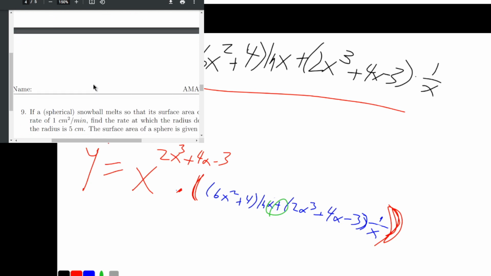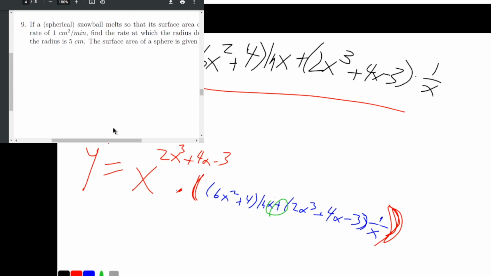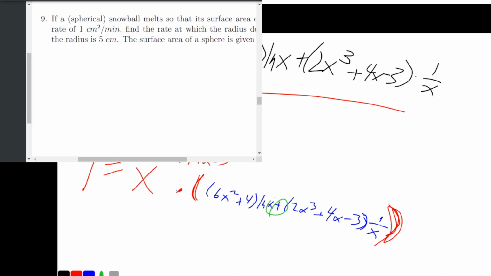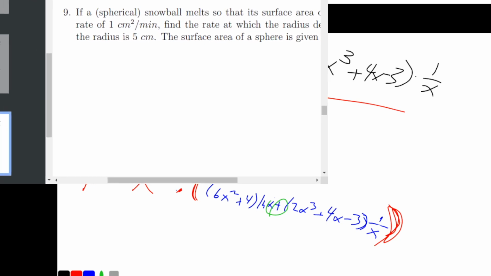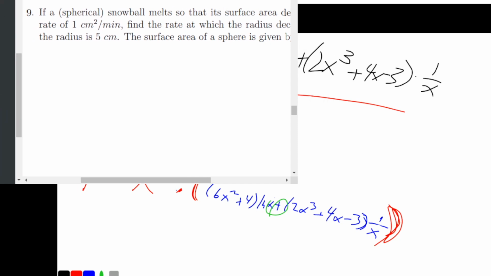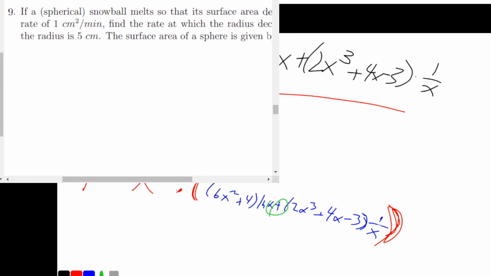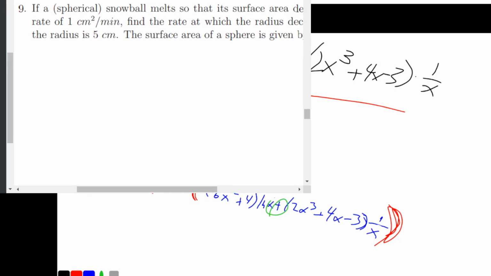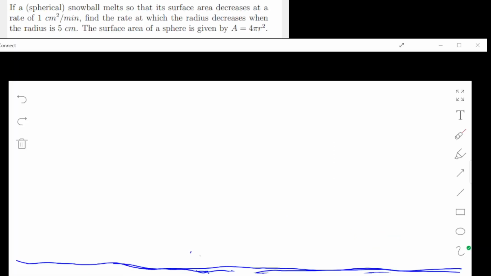Moving on. Ooh, a related rates problem. A spherical snowball melts so that its surface area decreases, so its rate of change is going to be a negative value.